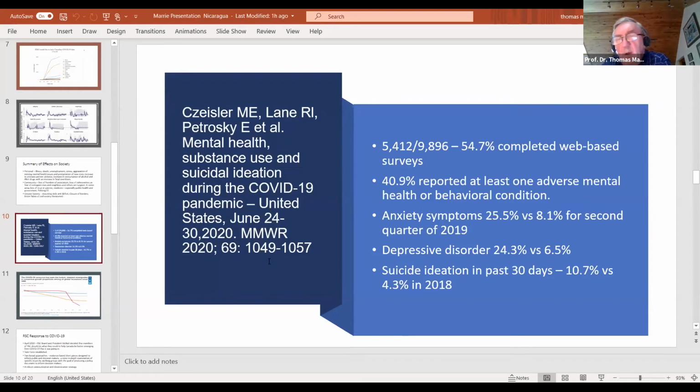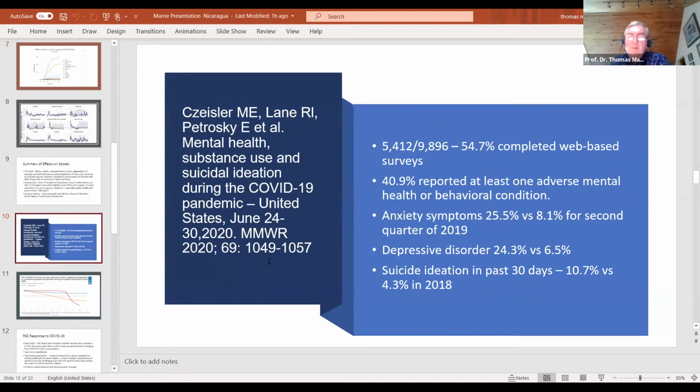The survey was sent to 9,896 persons, roughly half or a little more than half completed the survey. 41% reported at least one adverse health effect or behavioral condition.